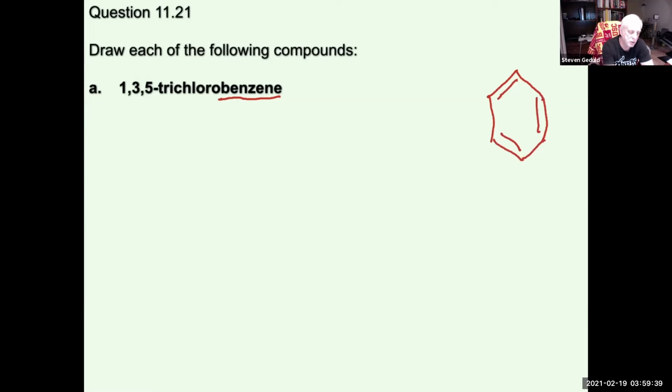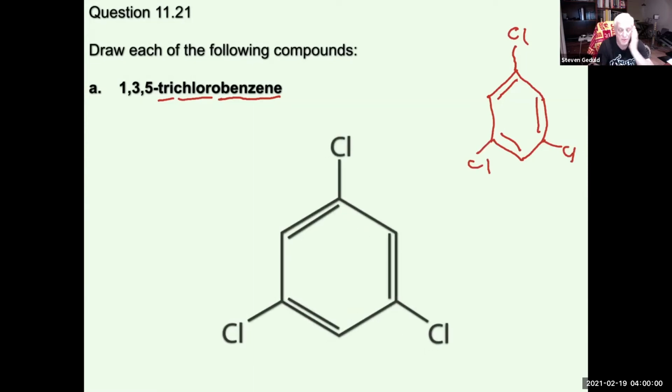And then it says there's trichloro, so there are 3 chlorines. And where are they at? They're at 1, 3, and 5. That's what you would draw. Draw your benzene ring, with chlorines at positions 1, 3, and 5.